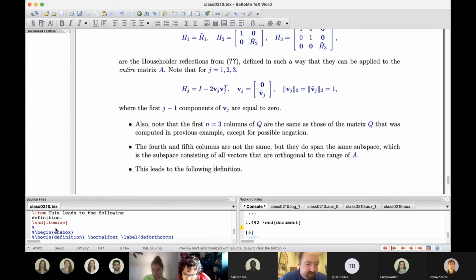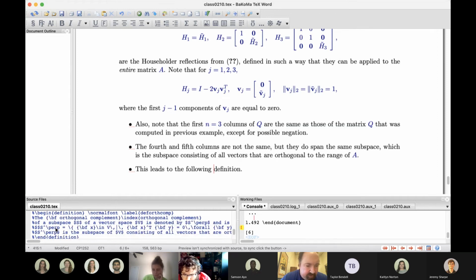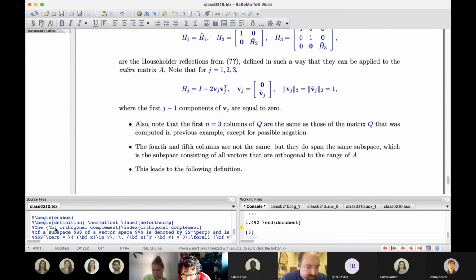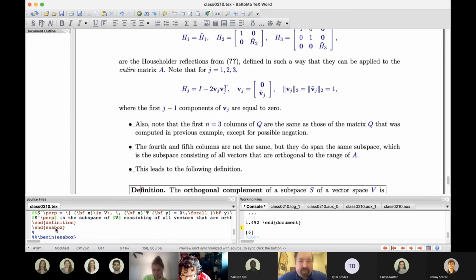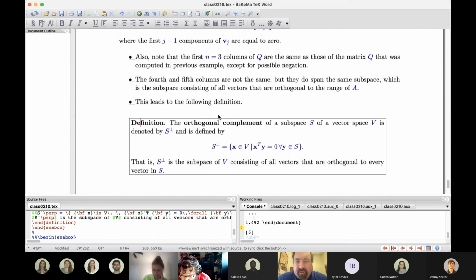But since they do span the same subspace, there's a definition that I want to give here. This comes up in a linear algebra class: the orthogonal complement. So you have a subspace S of a vector space. All the vectors that are orthogonal to every vector in S is called S perp. That is the orthogonal complement.